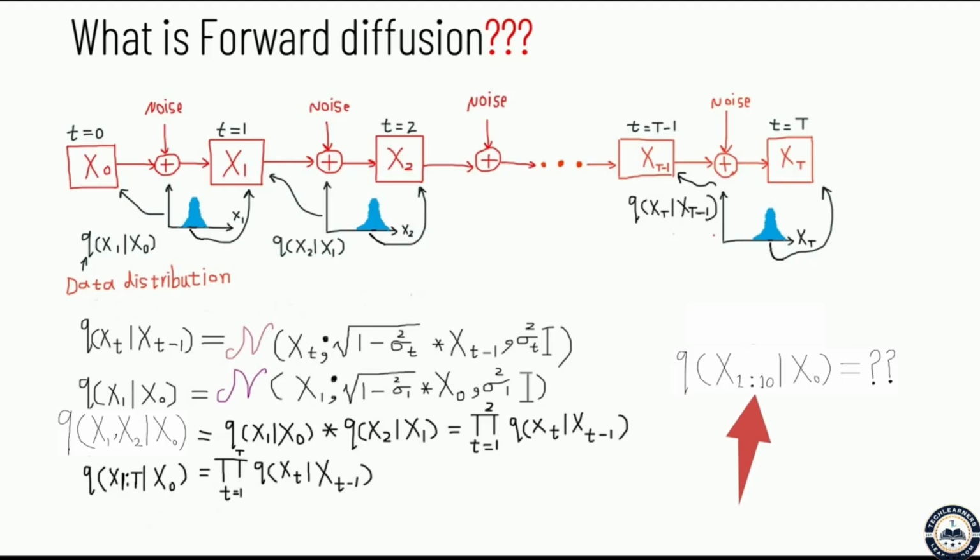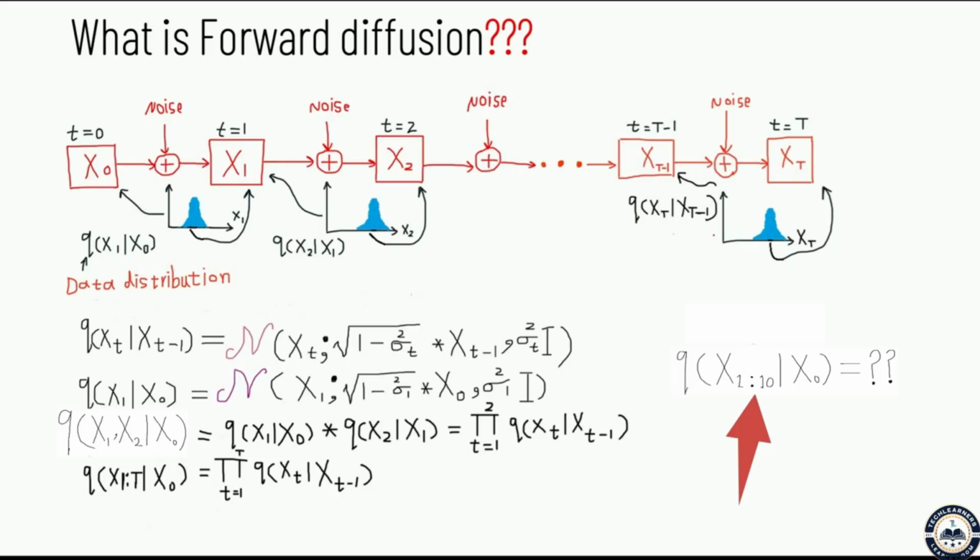So we need to find another way to solve this problem, to move us directly from x0 to any time step and avoid using this joint distribution. Actually, what we really need is to find the value of xt directly, in this case x10. Here we can extract x10 from this joint distribution, but this thing will be difficult.